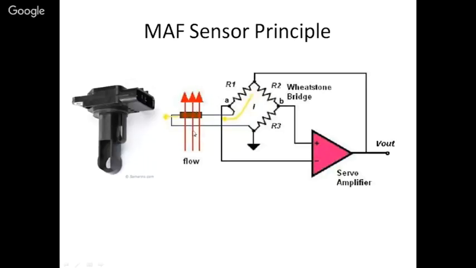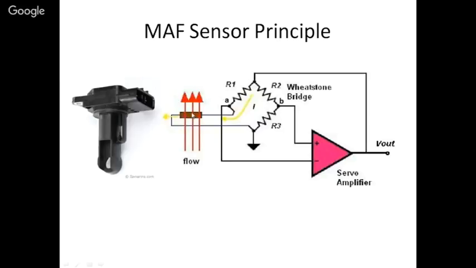Now when the flow occurs, the heat is taken away by the air from that film, due to which its resistance varies. Because we know that we have the formula R is equal to R naught into 1 plus alpha into delta T. So where delta T is the temperature variation, alpha is the coefficient of resistance change with temperature, and R naught is the resistance at a reference temperature.